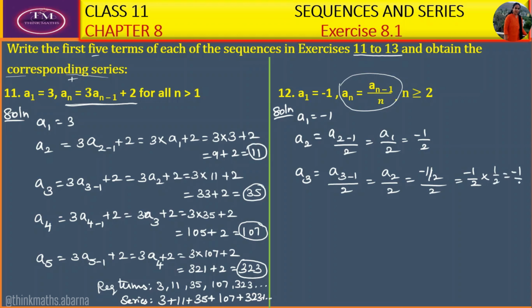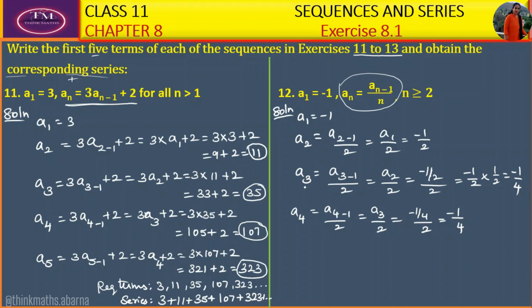So this is minus 1 by 4. Next, a4 is equal to a4 minus 1 by 2. Just a minute, I am making some mistake.